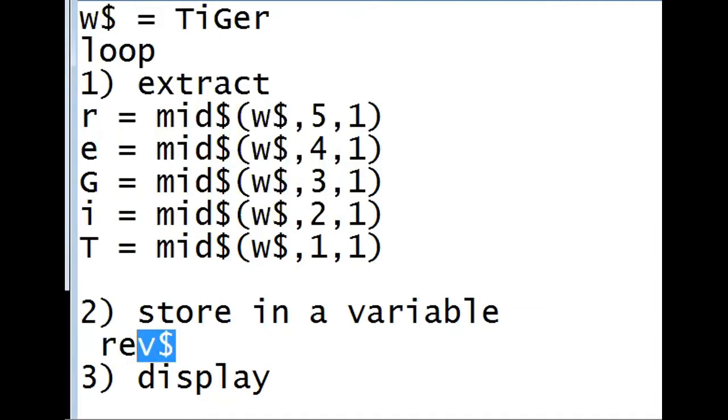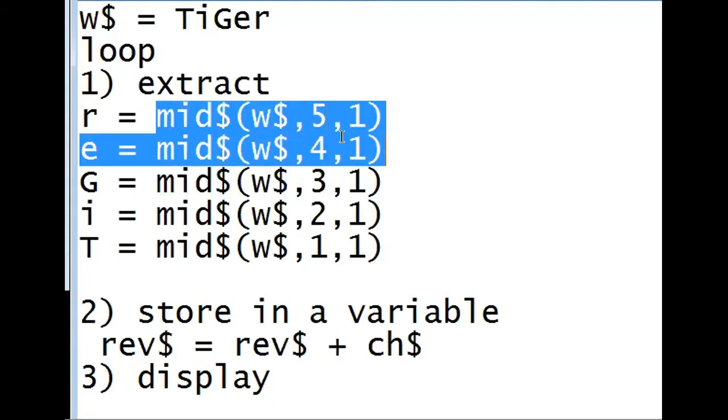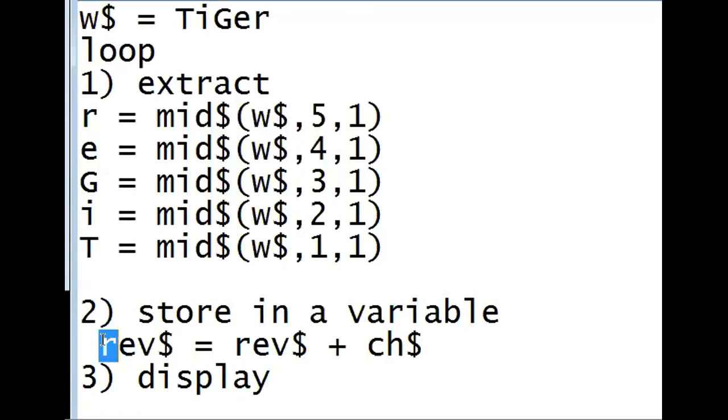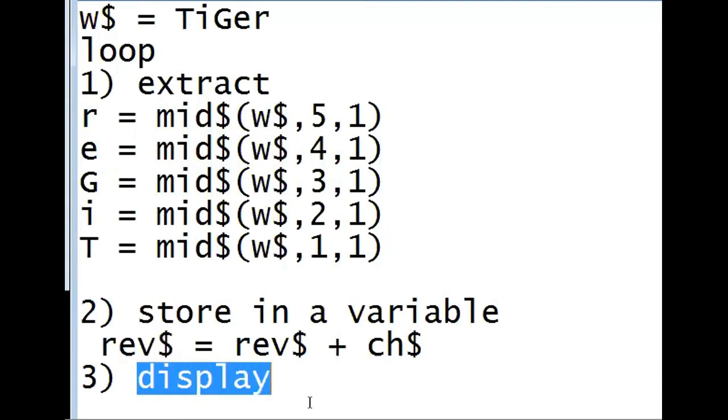Since this is a variable we use to store, it will repeat twice: rev = rev + ch$, because this thing we will be storing in the ch$ variable, extracting one by one. After this whole loop is over, our reversed value will be stored in this rev variable, and that's what we'll be displaying over here.